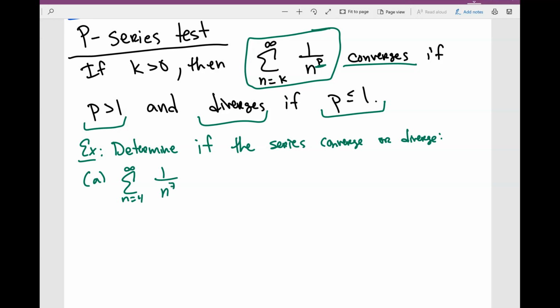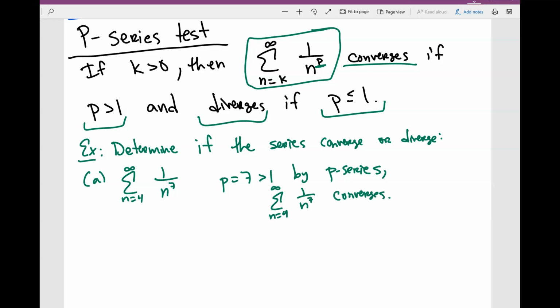All we have to do is recognize that this is a p-series. Here p is equal to 7, which is greater than 1. Because 7 is greater than 1, by p-series, the sum from n equals 4 to infinity of 1 over n to the 7th power converges.